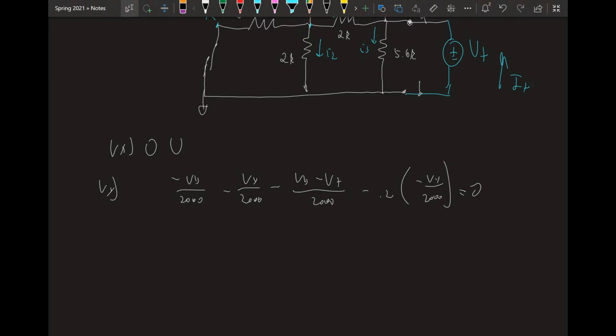And now what do we do? Let's simplify this Vy equation. When we simplify that, we're going to get V test in terms of Vy. So we're going to get that V test over 2.8 equals Vy. Let's substitute this into here. This equation is now going to only consist of V test and I test. So 0 minus 0 minus Vy.